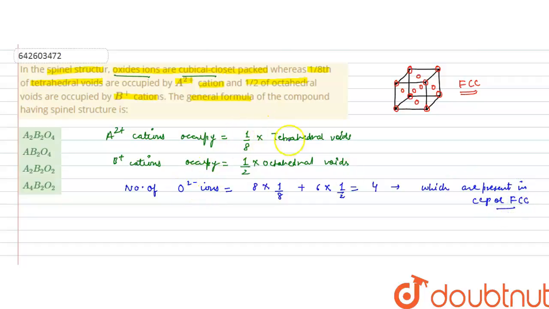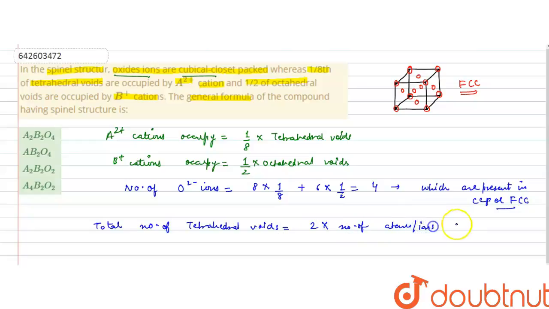Now we have to calculate the A2+ ions which occupy 1 by 8 of the tetrahedral voids. So the total number of tetrahedral voids is equal to 2 times the number of atoms or ions present in the CCP arrangement. So the number of ions which are present in CCP, that is oxide ions, is 4.